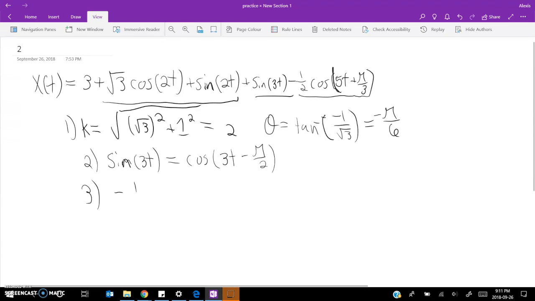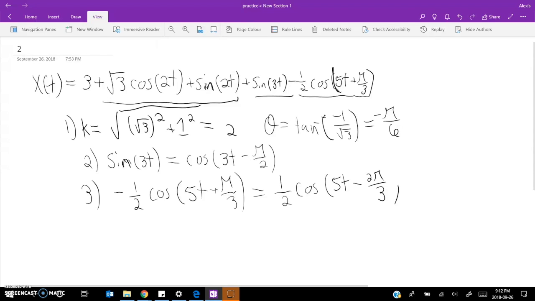So what we're going to do is that negative half cos of 5t plus pi over 3, we could rewrite as a half cos 5t, and inside the brackets of the cosine function, we are going to subtract a value of pi. So then our final resulting angle is going to be minus 2 pi over 3.